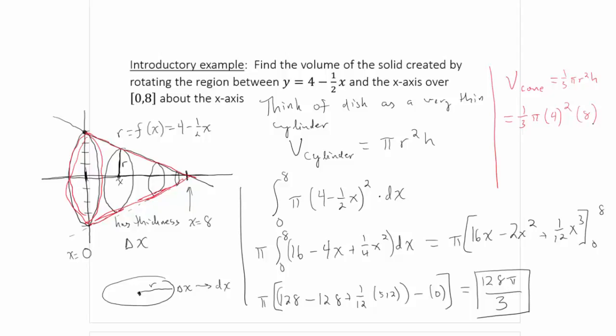And if you go through the arithmetic here, 4 squared is 16, 16 times 8 is 128. That's 128 pi over 3. So what I've done in creating a bunch of really thin cylinders and adding them up, it works. It meshes with what we learned in geometry.